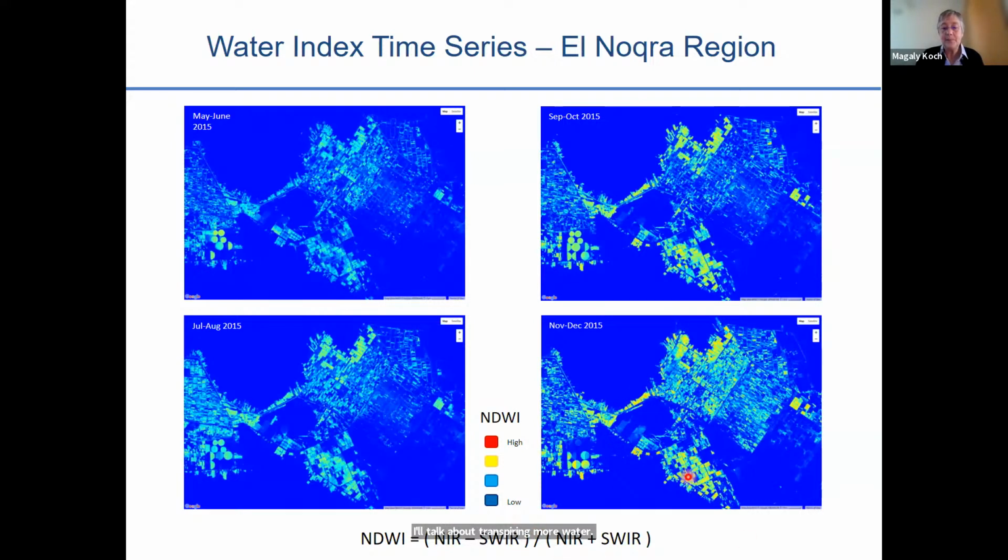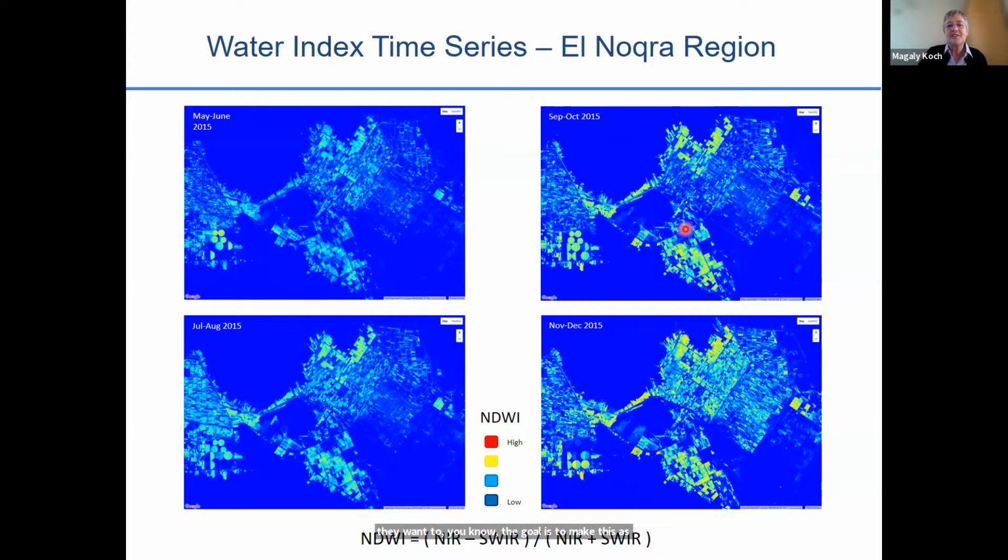And you can see the pattern and how it changes from May, June, then in the summer when it's really hot, they're not irrigating the fields too much, because the goal is to make this as sustainable as possible.